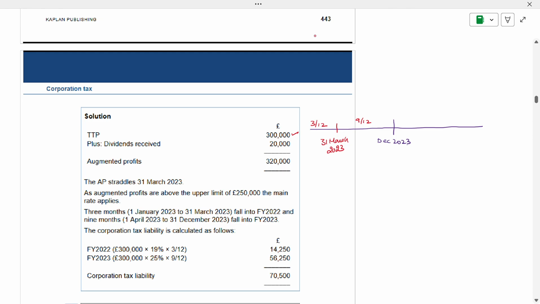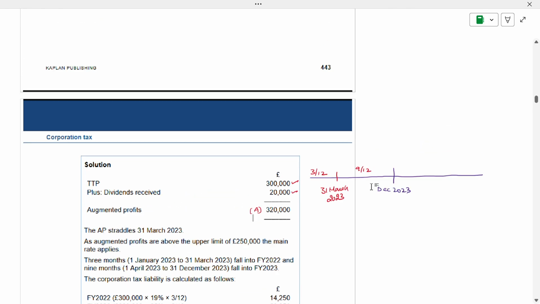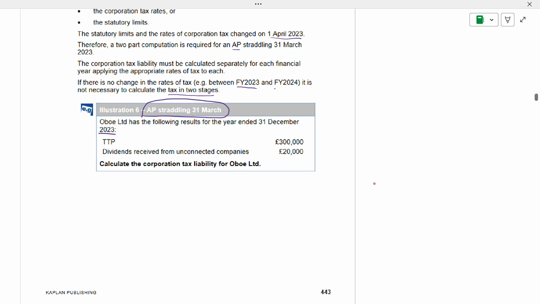The profits are for the year, is it right? For the year 30,000. This is 9 by 12 and this is 3 by 12. Is it right? Total profits is how much? 300,000.